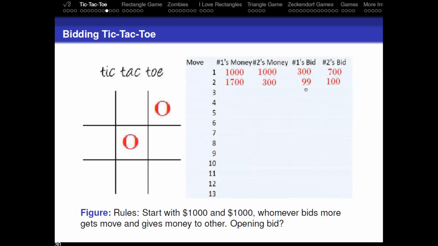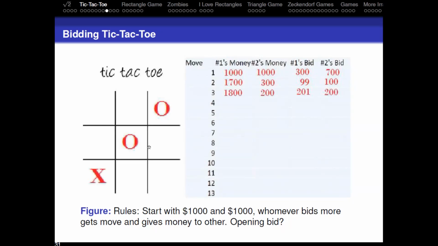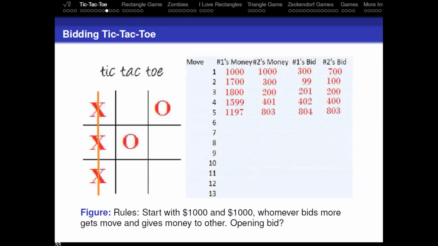Player 1 bets 99, and player 2 bets 100. So now player 1 has $1,800. They can actually get the next 3 moves. They bid $201, then $402, then $804. And so in something like this, you're actually willing to lose a few moves if you can then get 3 moves in a row later in the game.